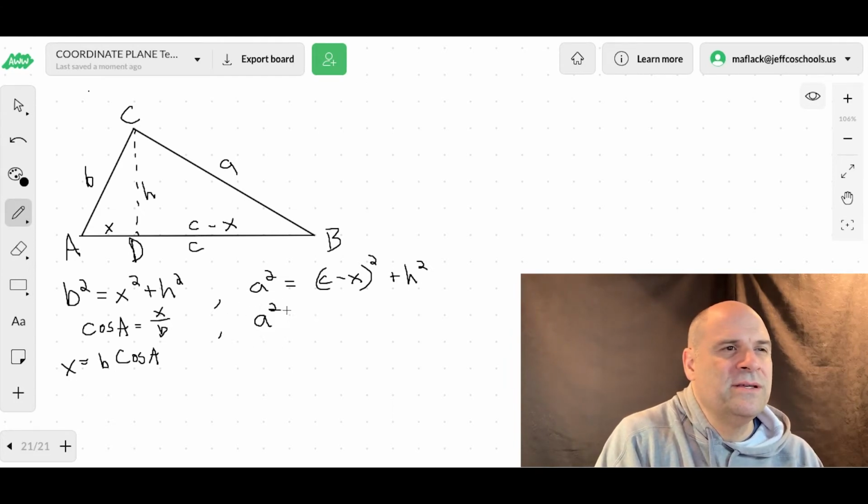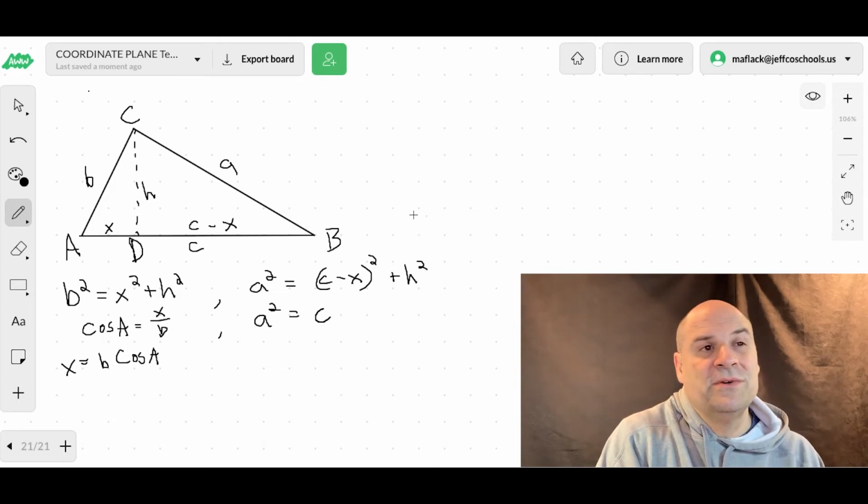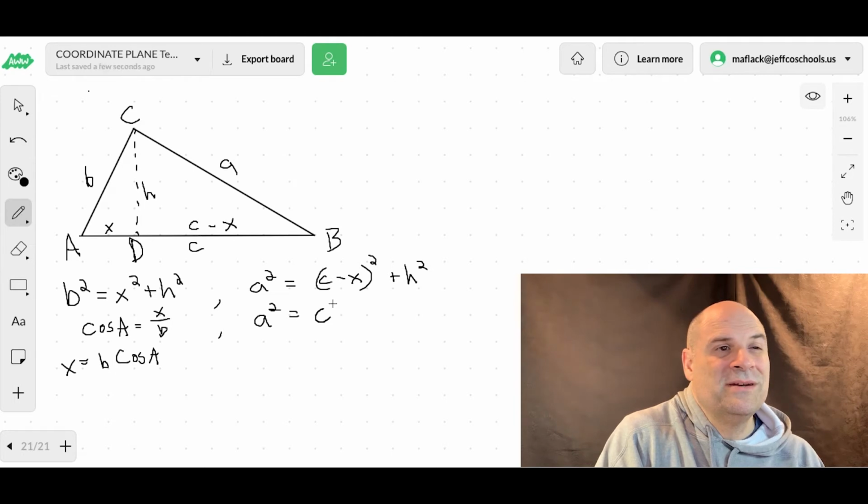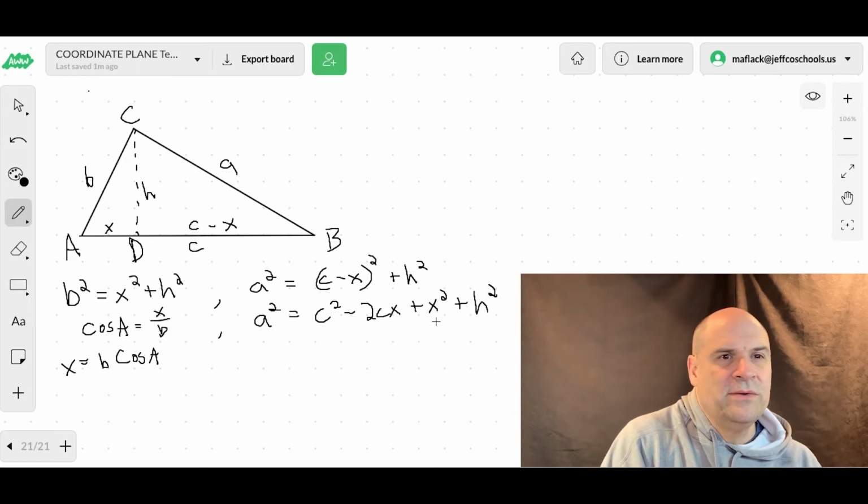Okay, so let's simplify this guy a little bit. A squared equals, if I FOIL this out, remember I can FOIL it out, or I can do the shortcut, which is this guy squared, minus twice that product, so minus 2cx, and that guy squared, so x squared plus h squared. And you remember x squared plus h squared is just b squared. So I'm going to rewrite this.